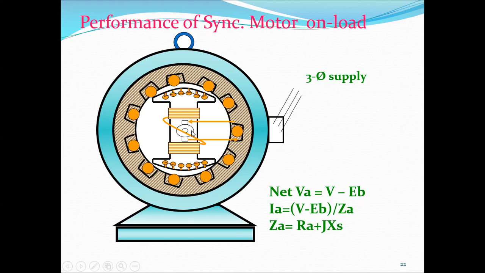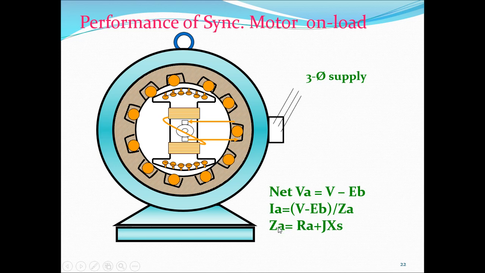So if you require the armature current, what will we do? We will divide this armature voltage VA by the impedance of the armature, which is written as ZA. Why? Because the armature contains both armature resistance and synchronous reactance.